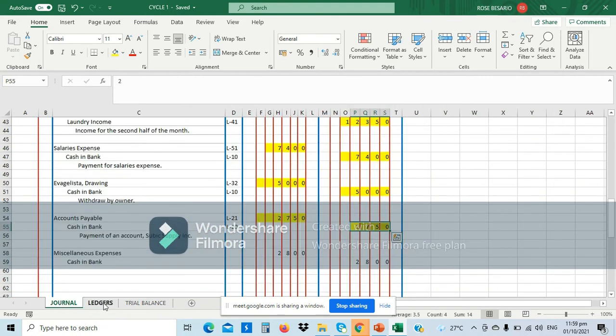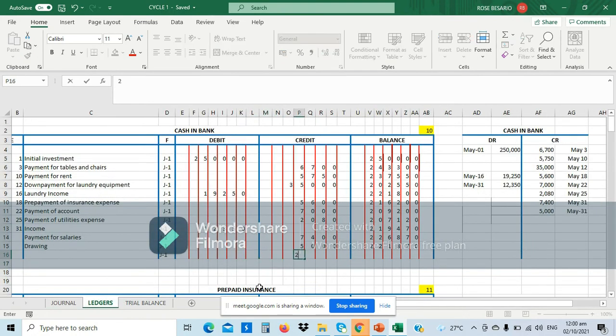How much? 2,750. And the new balance is 221,870 minus 2,750. That is 219,120. Okay? And then in the cash in bank T account, you'll have a credit of 2,750, May 31. Okay? And we'll have the last.